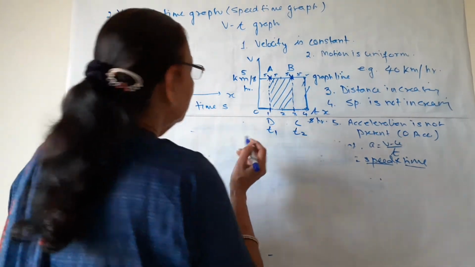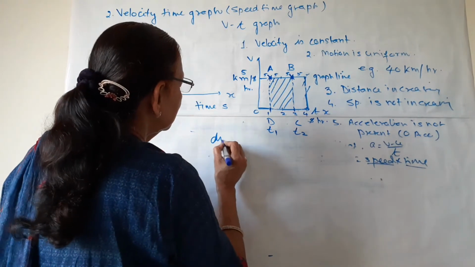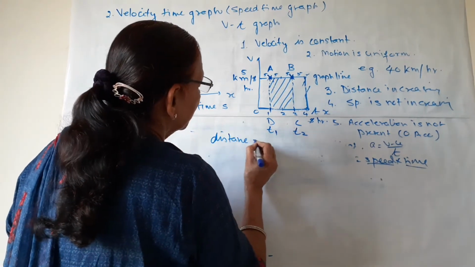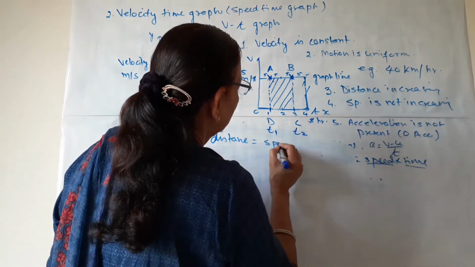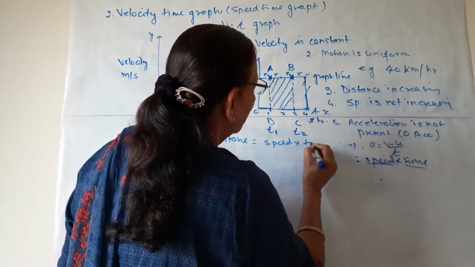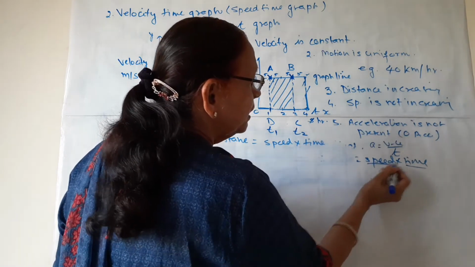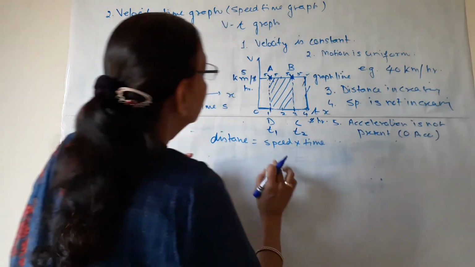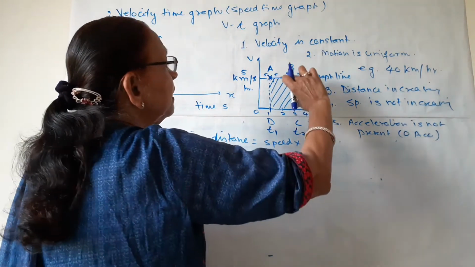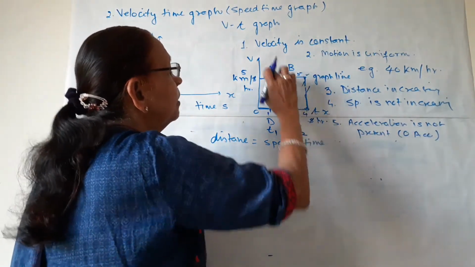By putting in the formula, distance is equal to speed or velocity into time. As I have just shown, speed into time is distance. So what is speed? Speed is this line BC or AD.